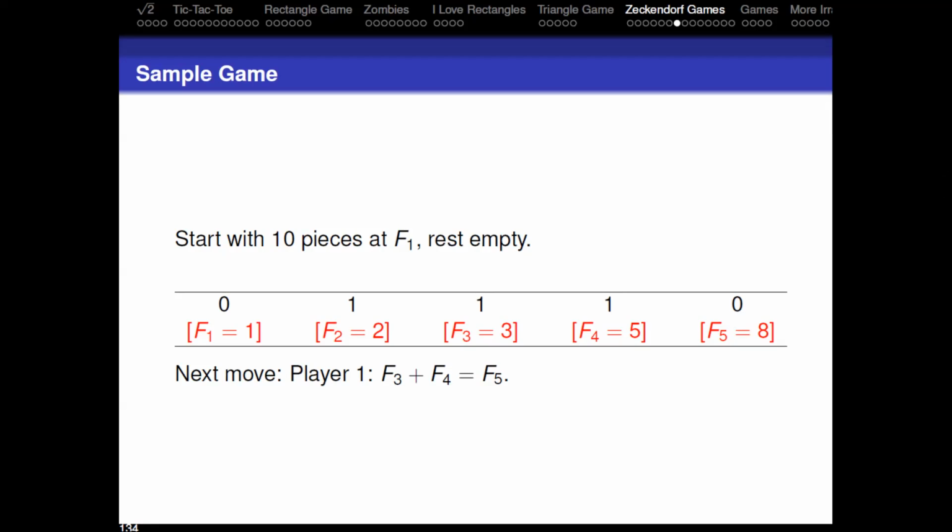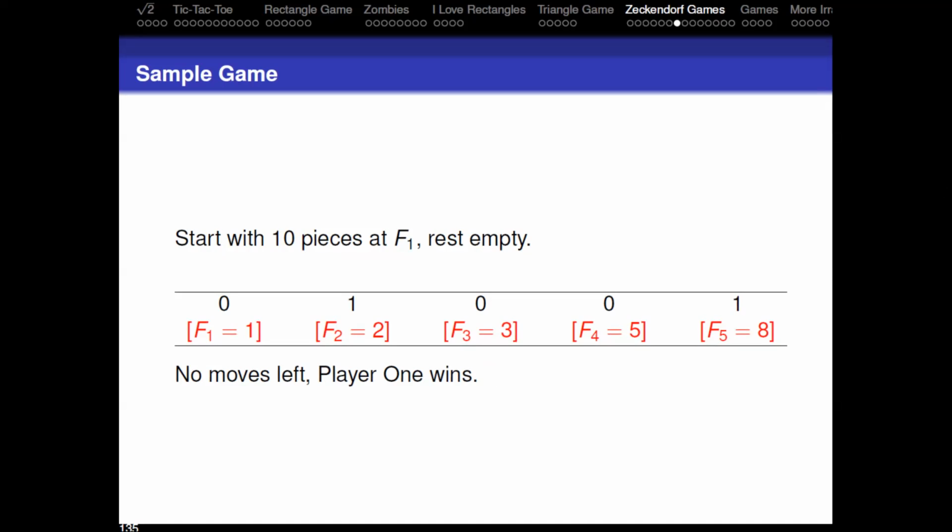So I chose to combine a F3 and an F4 to make an F5. What else could I have done? Combine F2 and F3. Excellent. And so I combined F3 and F4 to make an F5.